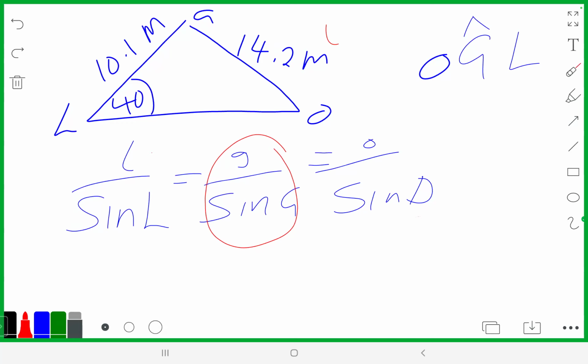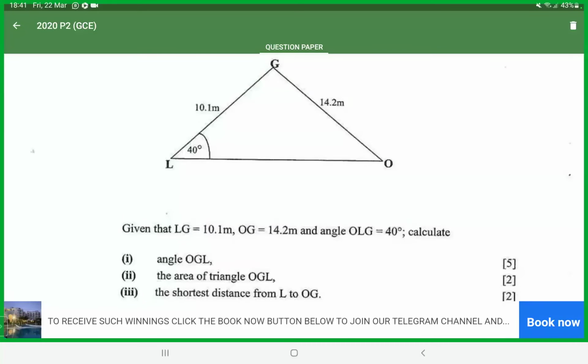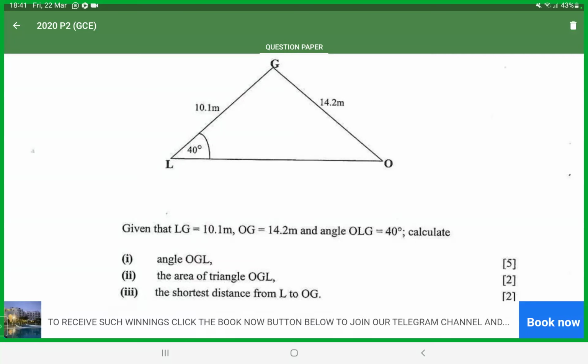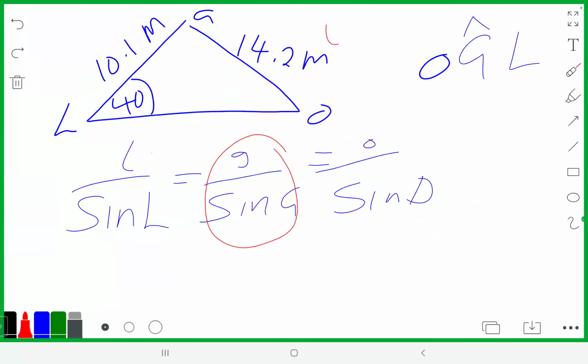Is the angle O and the sine O important to us? OGL. How can we manage to find this side G?